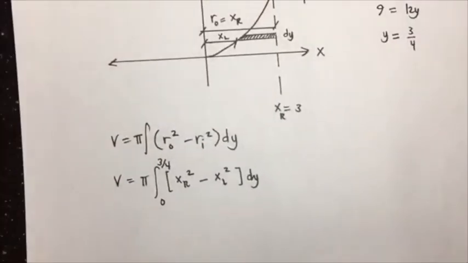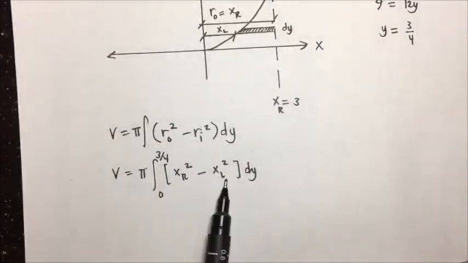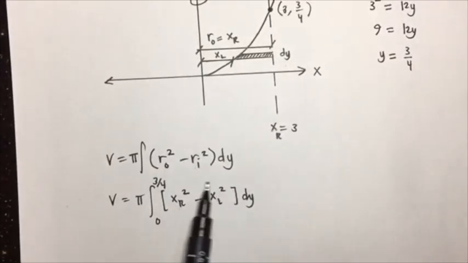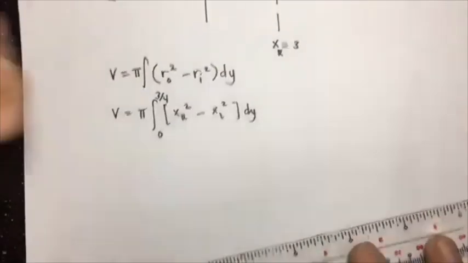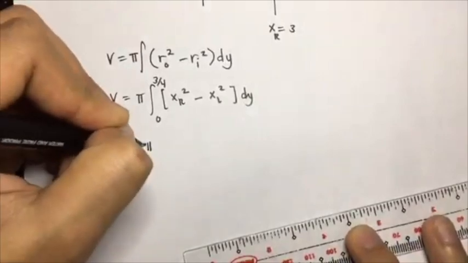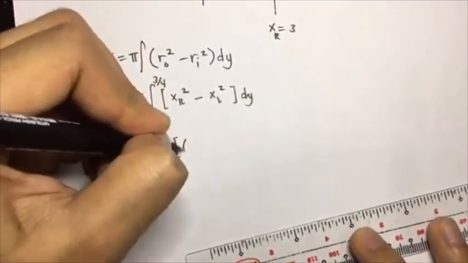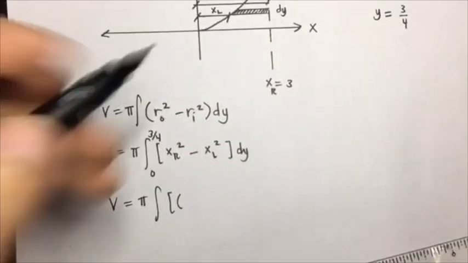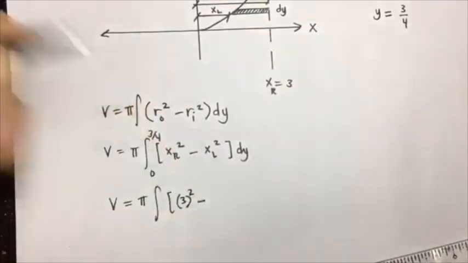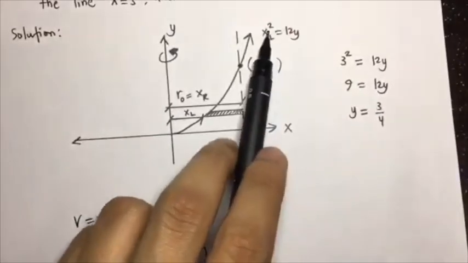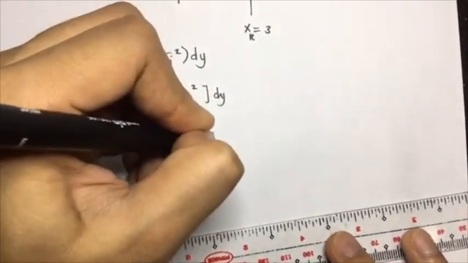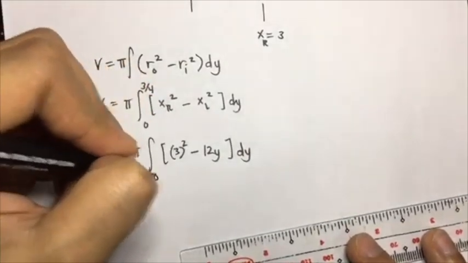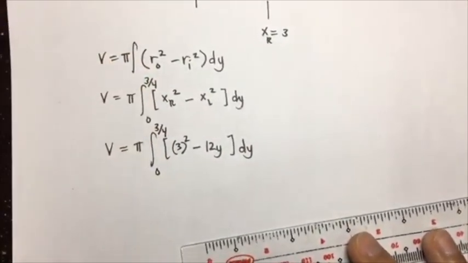Substituting XR and XL so that our integrand will be in terms of y, because we will integrate in terms of y, V is equal to pi integral of XR is 3, so 3 squared minus XL squared, which is 12y, dy from 0 to 3 over 4.